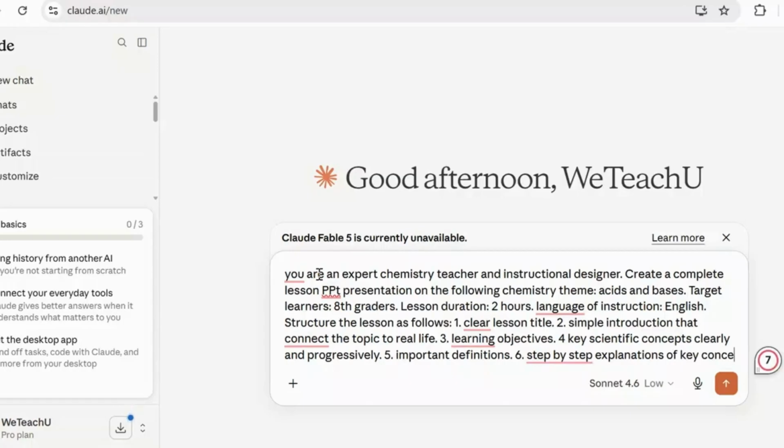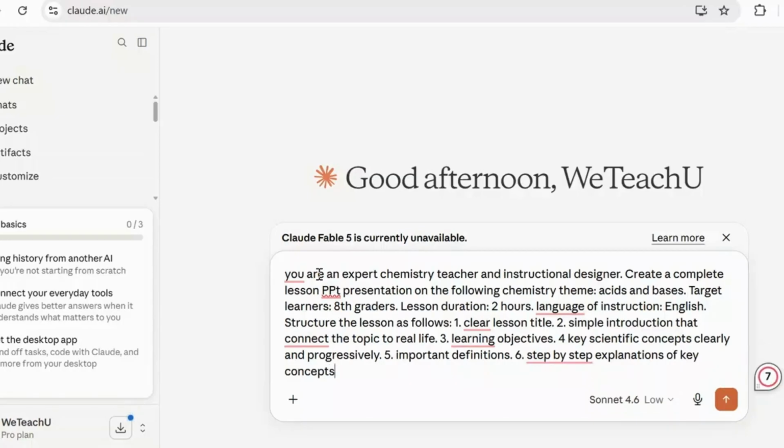So while I'm writing my prompt, I advise you to write your own prompt and to align it with your course goals and lesson objectives. So I need explanation of key concepts with examples to make my lesson as comprehensive as possible.